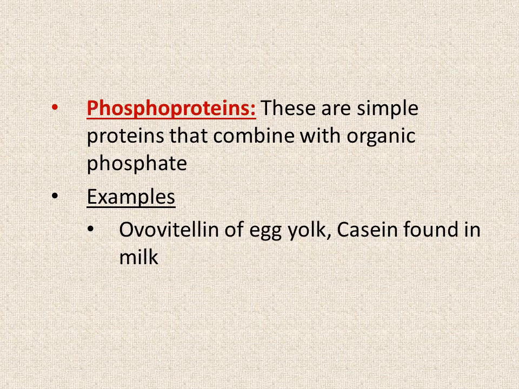So phosphoproteins are simple proteins which combine with organic phosphate, and these are also a category of conjugated proteins. And the most commonly known example of phosphoproteins is casein, which is found in milk. Another phosphoprotein is ovovitellin, which is present inside egg yolk.